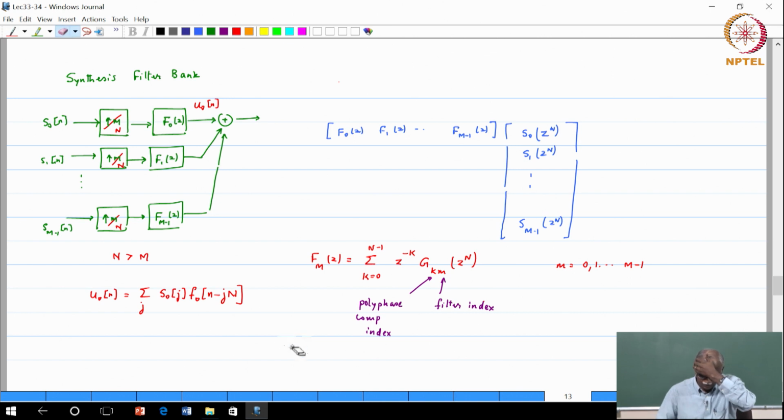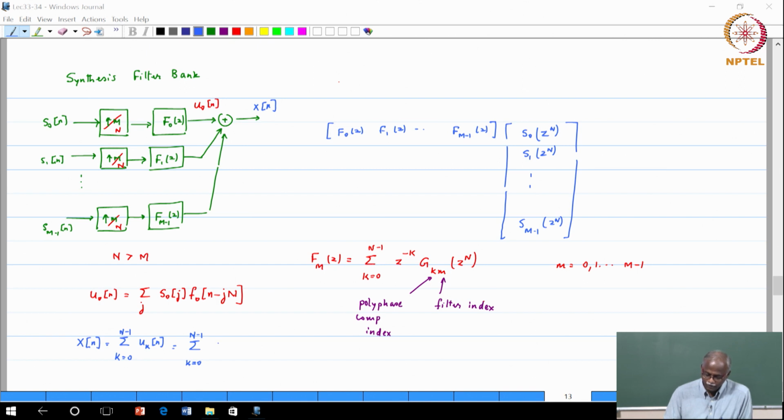Let me see if I am writing this correctly. Please check if I am writing it correctly. We wrote down that we could write it down in this fashion. Okay. Now, if the combined signal is labeled as x of n, can you write down a mathematical expression for x of n? x of n is equal to summation k equal to 0 through n minus 1 of u k of n, which means it will be summation k equal to 0 to n minus 1. Am I correct?